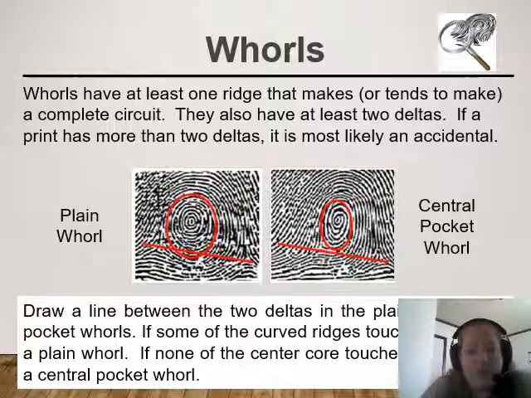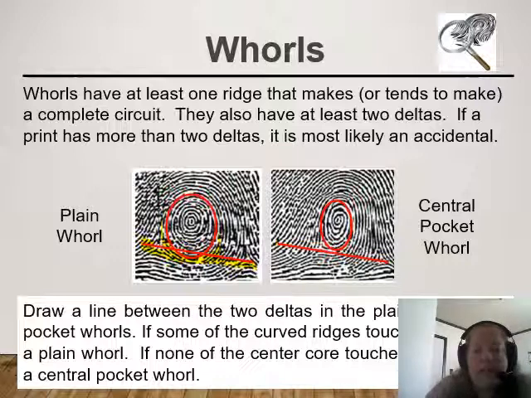So here's how you figure out if you have a plain or a central pocket whorl. You take and you draw a line from one delta to the other, and if some of the curved ridges touch that line, then you have a plain whorl.